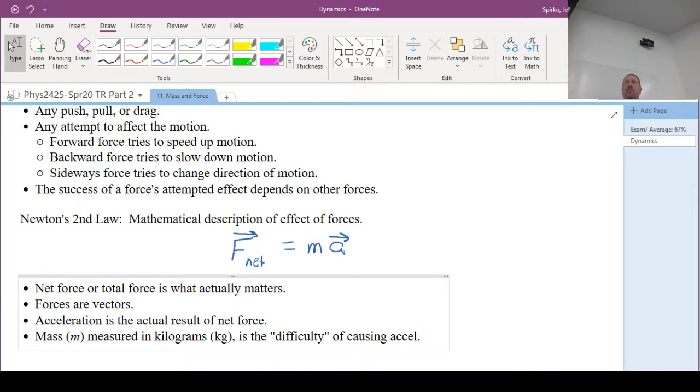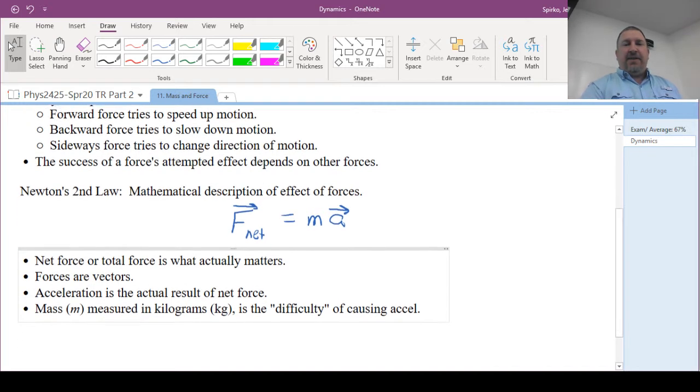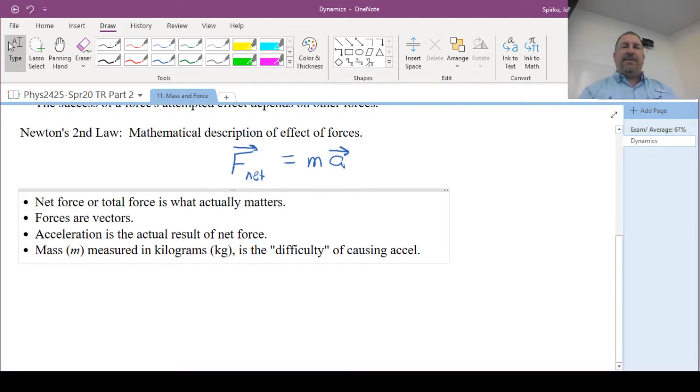So this equation is kind of like saying the effort we have to exert is equal to the difficulty of the task multiplied by the amount of the task that we want to accomplish. And there's a lot of equations in physics that are of that form, that effort is difficulty times accomplishment. In fact, I feel like I may have heard a motivational speaker say those words at one point or another.